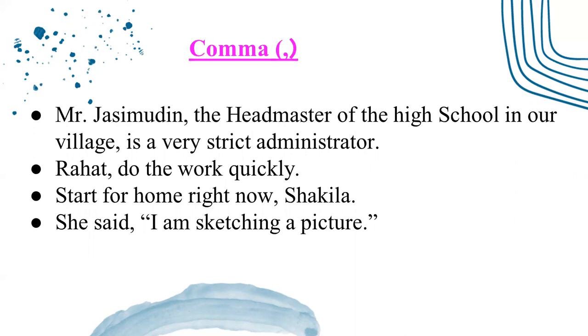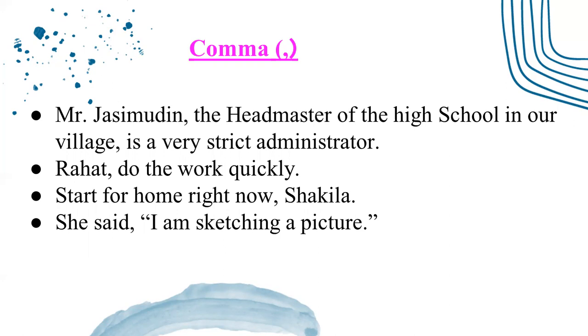In the first sentence, comma has been used in case of apposition. Next, in these next 2 sentences, in the vocative case, comma has been used. Look at this sentence. Rahat has been addressed here, so Rahat is an addressing word here. After this addressing, comma has been used.